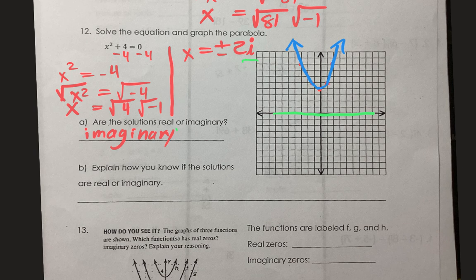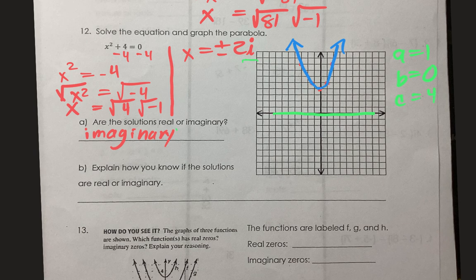If we find the discriminant, b squared minus 4ac. All right, so when I look over here, I'm just going to write a, in this particular case, is 1. B, I don't have any x's, so that's 0. C is 4.